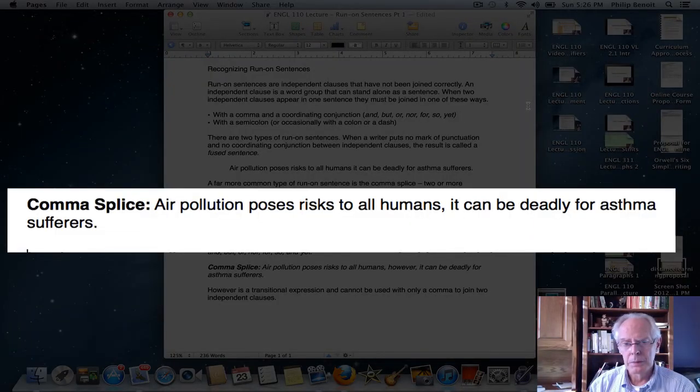Using the same sentence from above, air pollution poses risks to all humans, comma, it can be deadly for asthma sufferers. I see sentences like this all the time in student writing, and the writers who put those sentences into their writing seem to feel that the comma has taken care of any problem with what might otherwise be a run-on sentence. And it's not a fused sentence, to be sure, so that's an improvement. But the comma alone can't do it.